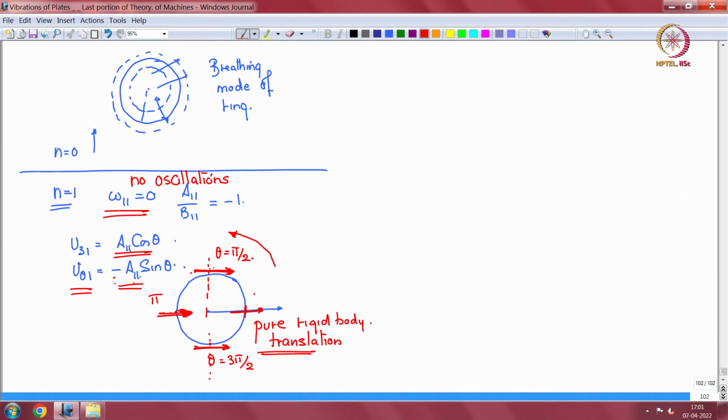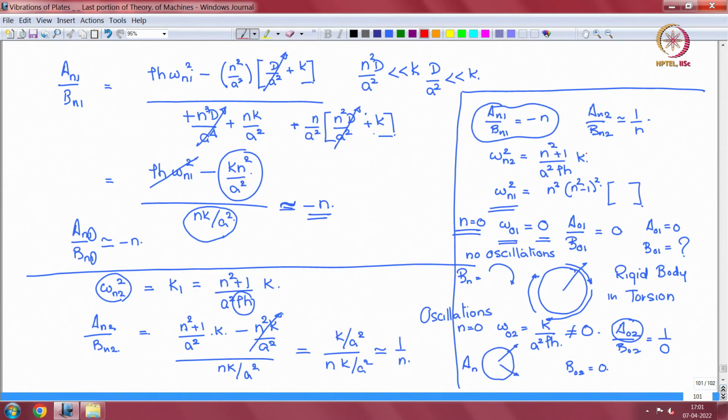Next, n is still 1. So let us look at the second set, the omega 1 2 set. Omega 1 2 for n equal to 1 is not 0. It will have some value, whatever it is, 2 by a square rho h k, not equal to 0. Omega 1 2 square is not 0, and for n equal to 1, a12 by b12 is equal to 1.